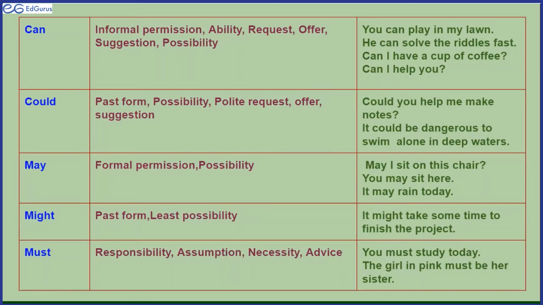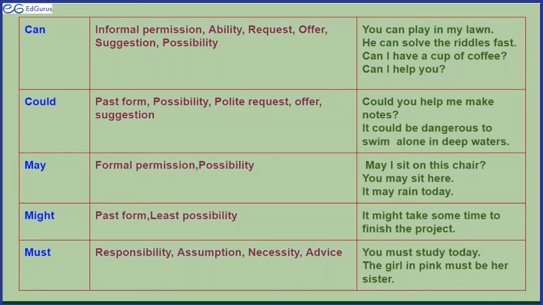I am there to correct it. But be confident. The girl in pink must be her sister. Assumption, with certainty, with necessity. The girl in pink must be her sister. You're sure she is her sister.